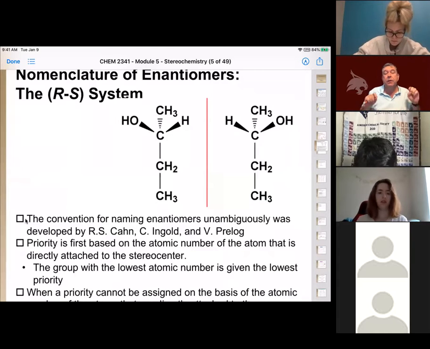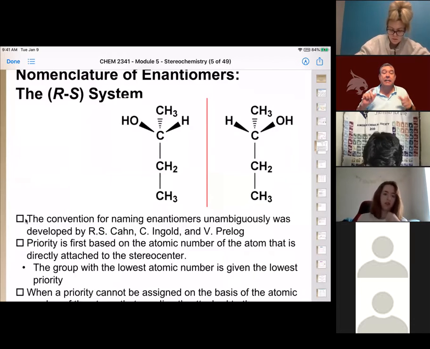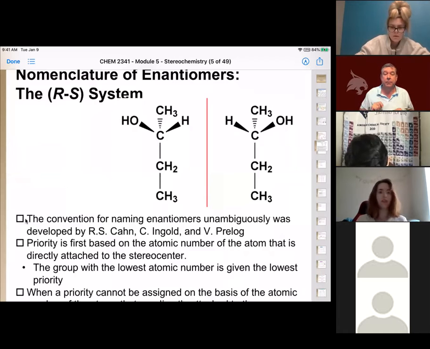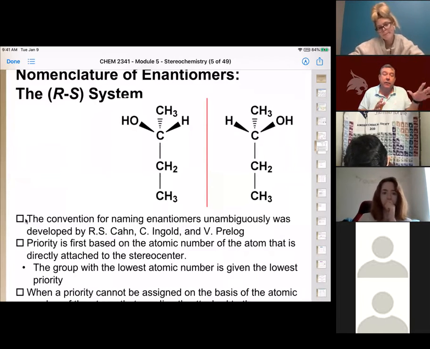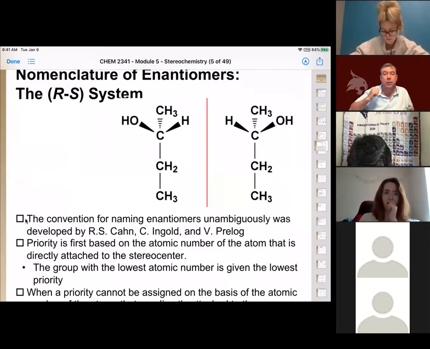Basically, we use the same priority system we used in assigning E and Z, but we apply it to 4 different groups on the same carbon, instead of just one half of the alkene and the other half of the alkene. So we're going to assign it the exact same way. The first rule is we assign by atomic number, not atomic mass, atomic number.